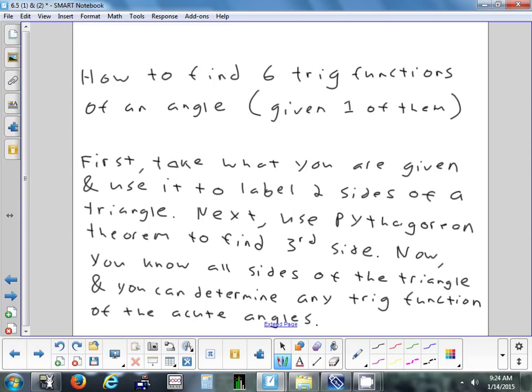But it turns out you don't even need to know the angle to find trig functions. All you need is the sides. If you're going to plug it into a calculator, you need the angle, like sine of 60, and hit enter. But I could just give you a picture, like the last problem we just did.